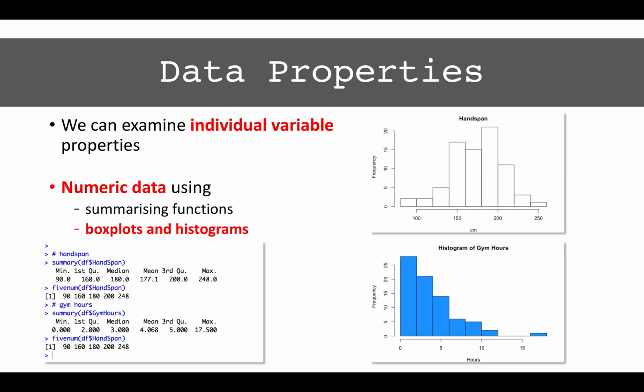We'll come to that in a minute. But if we can now impose the summarizing numbers from the summarizing functions onto the histograms, here you can see the range, the quartiles, and the medians. And we can see that these are much more evenly distributed for handspan and much more bunched for gym hours.